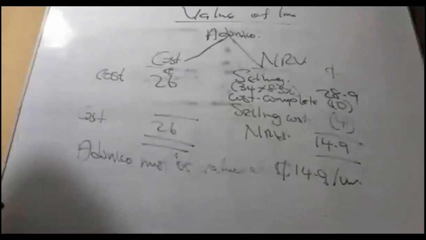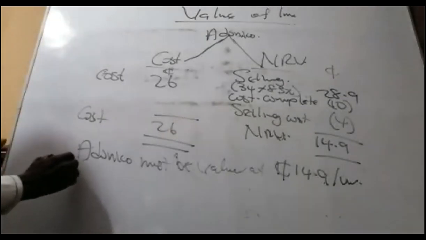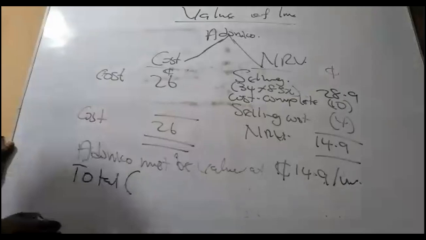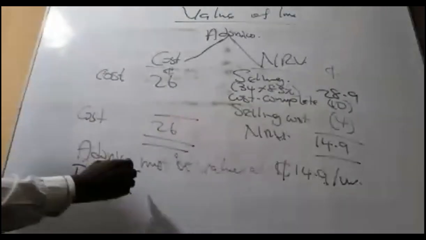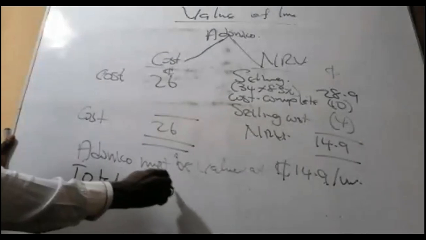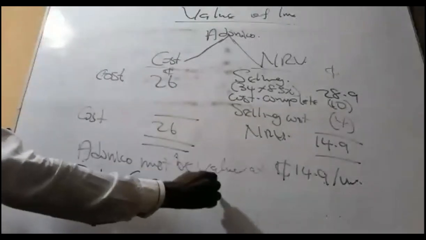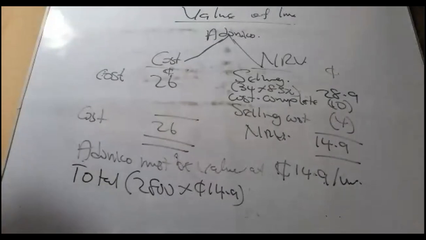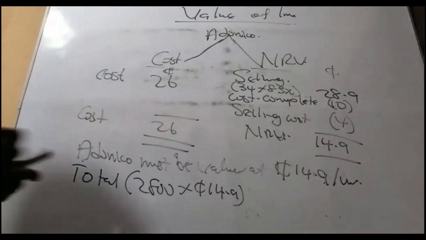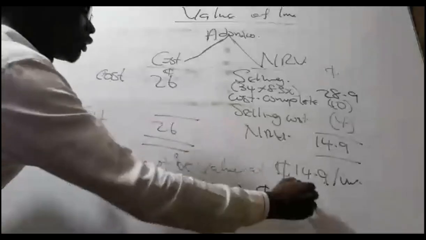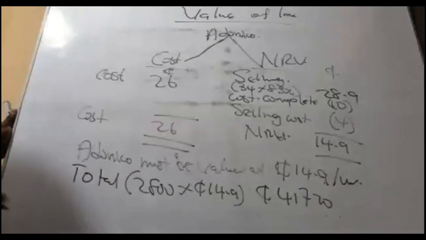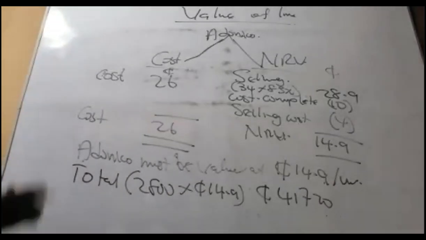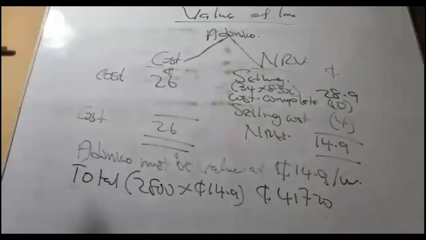Then you are done. So therefore, given a total of, in brackets, what's the units held? 2,800 units, right? Times 14.9, and that'll give us 41,720. So therefore, the overall total value of the inventory is Adonko's value plus Ahomken's value.